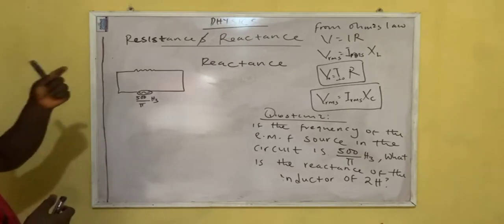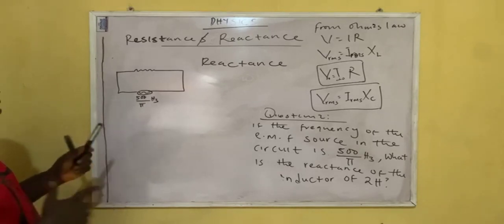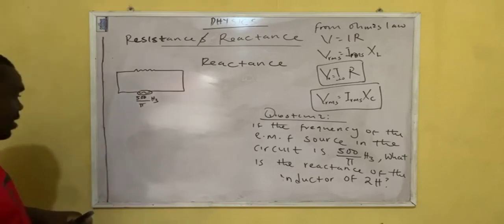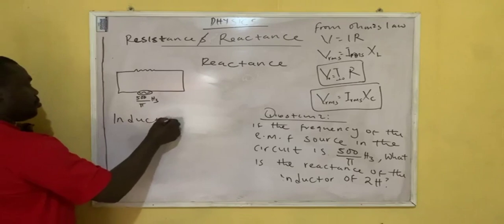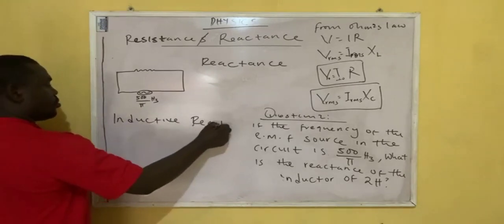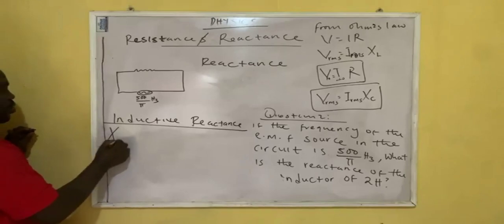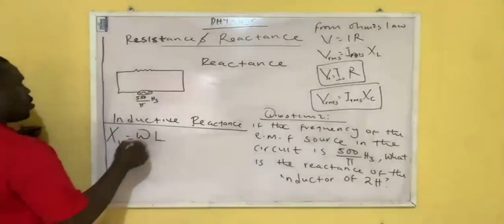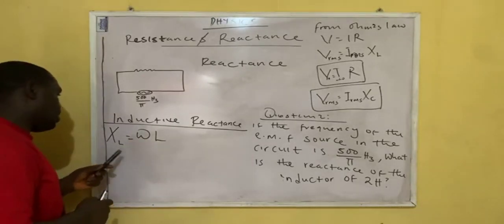Now the reactance is actually divided into basically two. We have the inductive reactance. So inductive reactance, we use this. So this is XL.